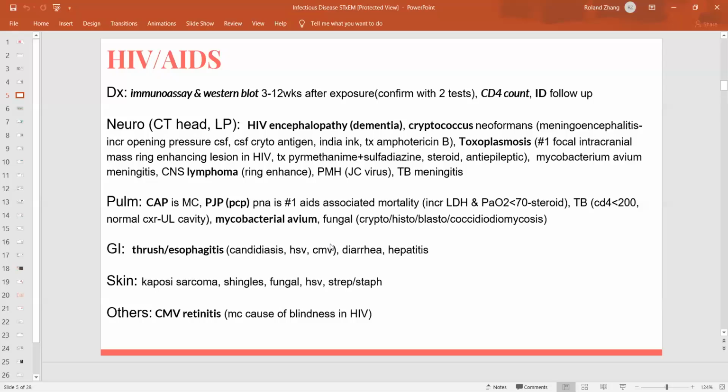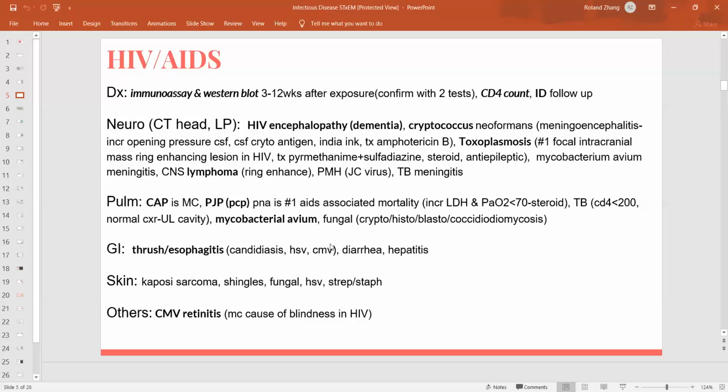And then the neural lymphoma, which also ring enhances as well. Each of these have their own modality of treatment in terms of antibiotic and antifungal. So the most important thing is to diagnose them with lumbar puncture and imaging.